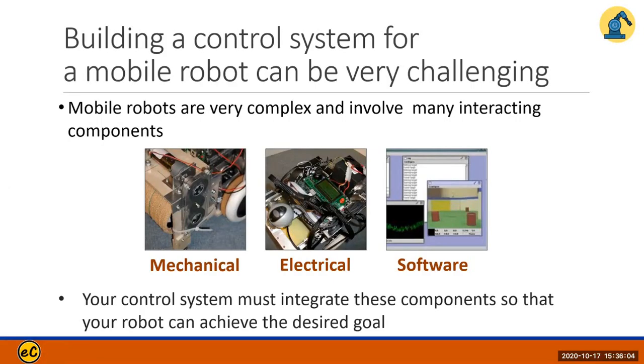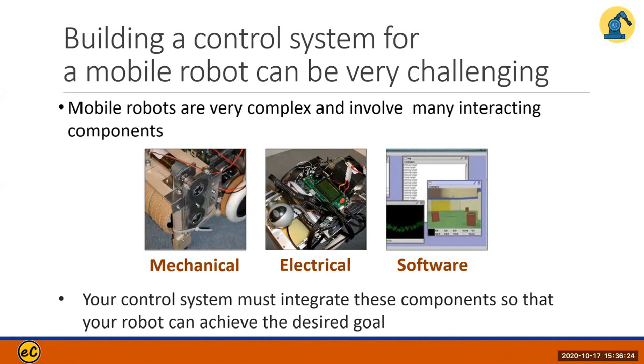Building a control system for a mobile robot can be very challenging because you need knowledge about mechanical engineering, electrical engineering, and computer engineering. Your control system must integrate these components so that the robot can achieve the desired goal.